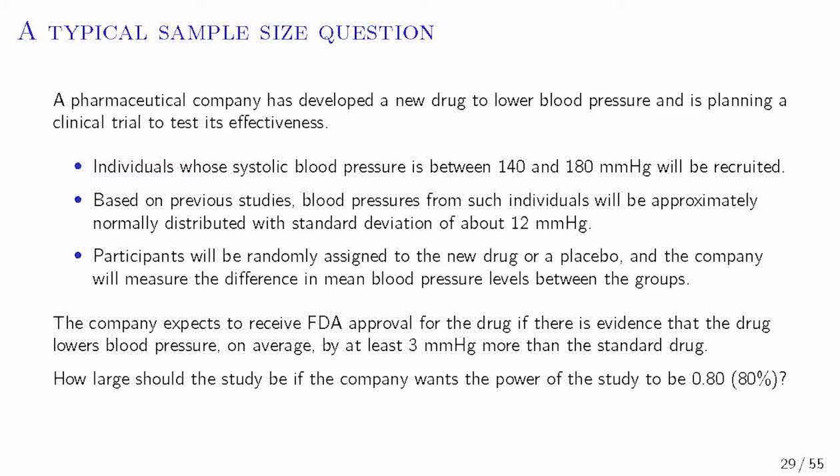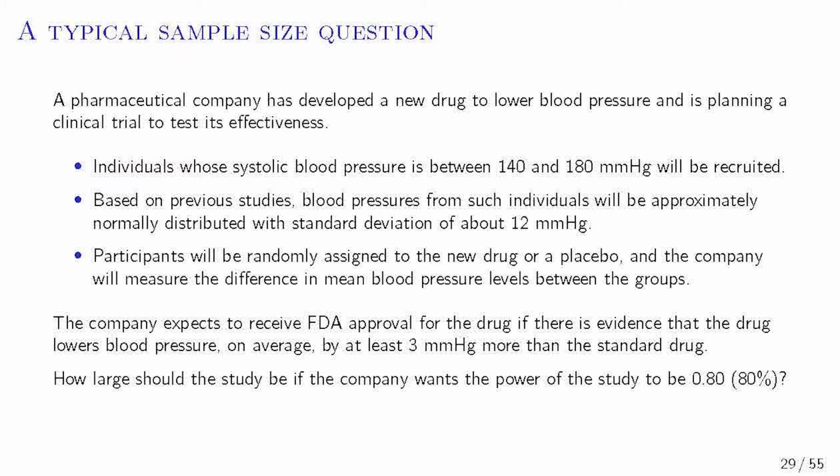Based on previous studies, blood pressures from such individuals will be approximately normally distributed, with standard deviation of about 12. Participants will be randomly assigned to the new drug or a placebo, and the company will measure the difference between mean blood pressure in the different groups.